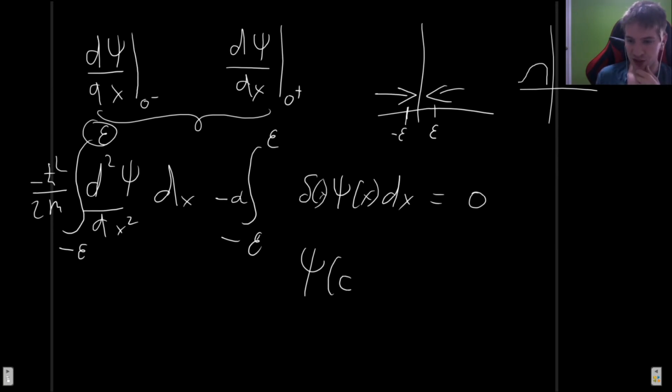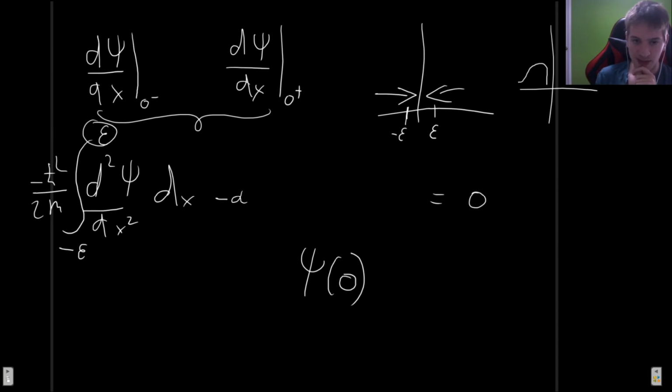So in this case, it's just going to be psi of 0, because delta is only not 0 at that point. So actually, this whole integral is now just going to be psi of 0, right? So it's actually looking quite good already. I'm just going to put this all together here.